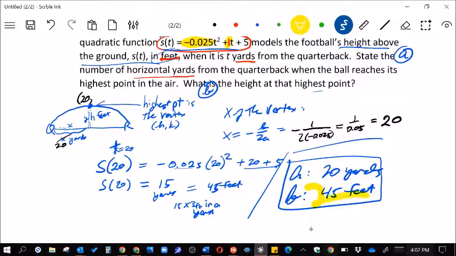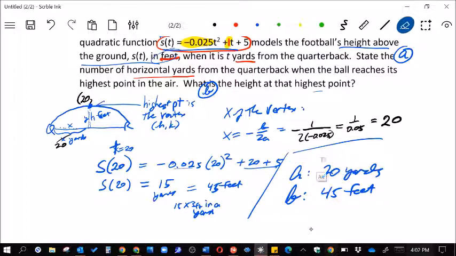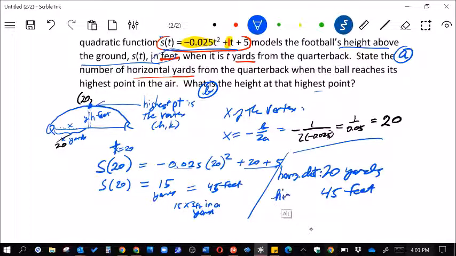Actually, the answer shouldn't be A and B. It should be that the 20 yards is the horizontal distance, and the 45 is the height.